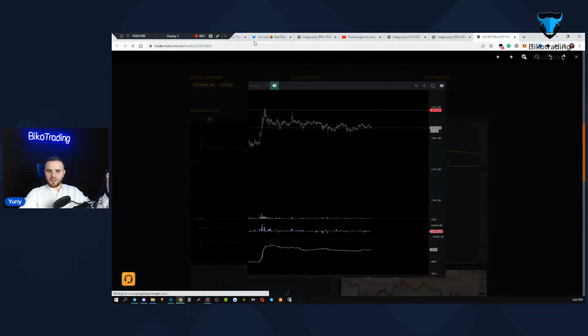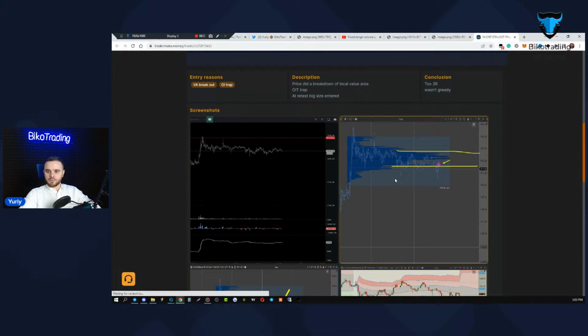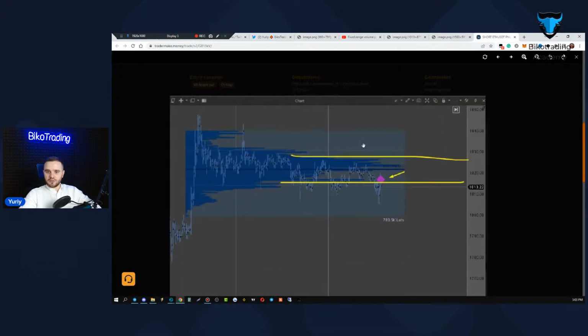Firstly, we have a lot of traps, a lot of trapped people here. After that, a local range. Price broke down the local range, and at the retest of this local range, someone started selling a lot of coins here. And because of that, I thought there would be a breakout environment because we have trapped people here, short sellers' stop losses taken, price breaking down, and we are above the value area.